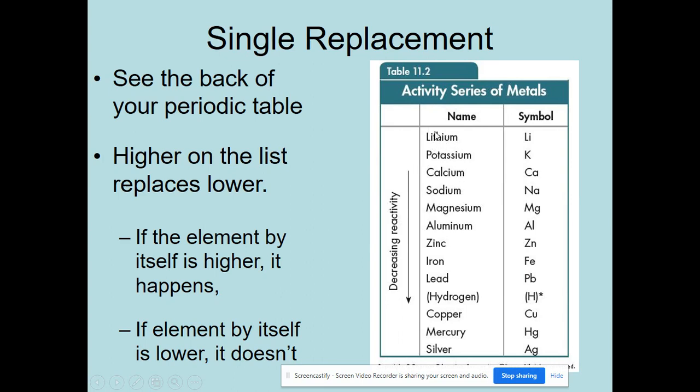The coolest element would be lithium. It can replace anything below it. Silver is like the least cool. So the higher the element is on the list, the more it can replace anything below it. If the element by itself is higher, the reaction will happen. If the element by itself is lower, it will not happen.